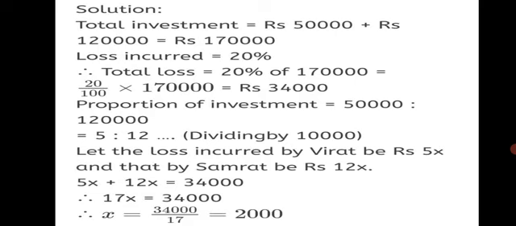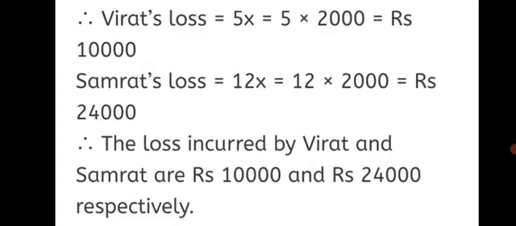Since we have got the value of x, we can now find out how much loss each of them incurred. So, Virat's loss is equal to 5x, which we had already taken. So, 5x is equal to 5 into x value, 2,000, which is equal to rupees 10,000.